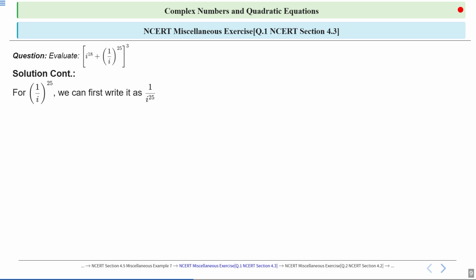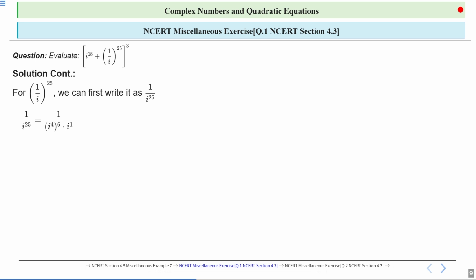This makes it easier to simplify using the properties of exponents. So now let's break down iota to the power 25. We know that iota to the power 4 is 1. So we can express iota to the power 25 as (iota to the power 4) to the power 6 times iota to the power 1, since 4 times 6 is 24 and 24 plus 1 gives us 25.